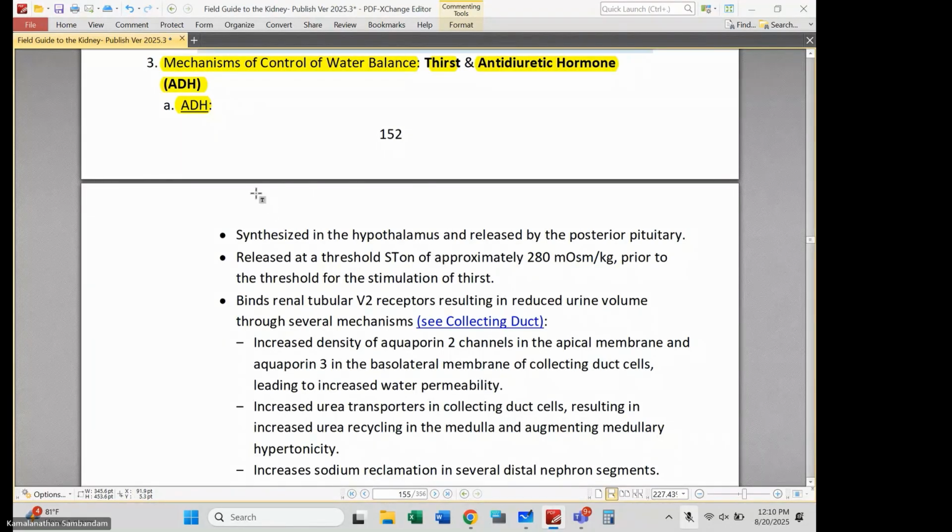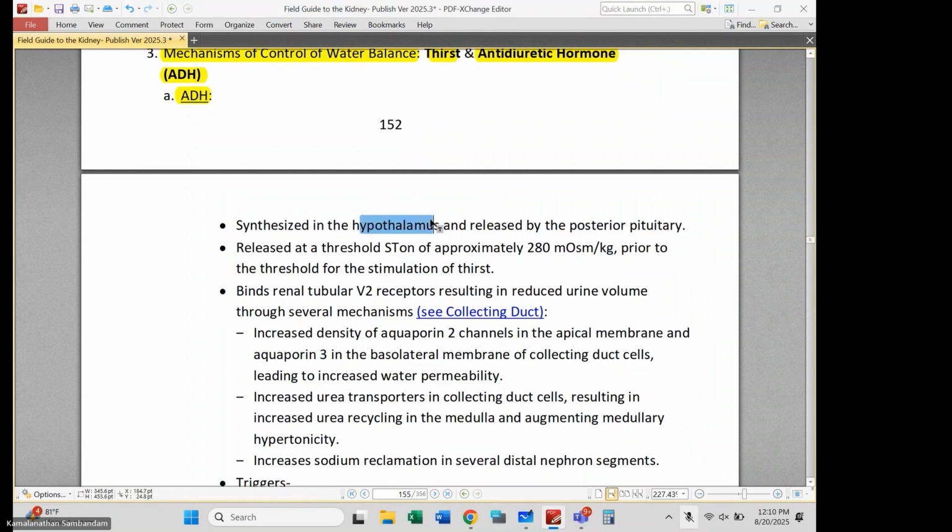We can now talk about some specifics of these effector mechanisms. Again, the ADH is made by cell bodies that exist in the hypothalamus and extend down to the posterior pituitary. They respond to tonicity, right? And the only way that we can approximate tonicity is through measurements of osmolality, which are not the same, right?